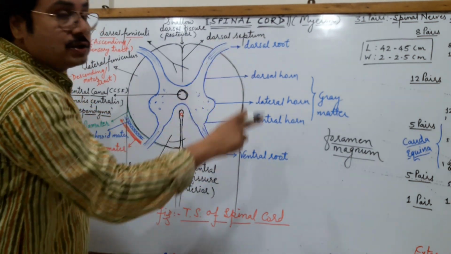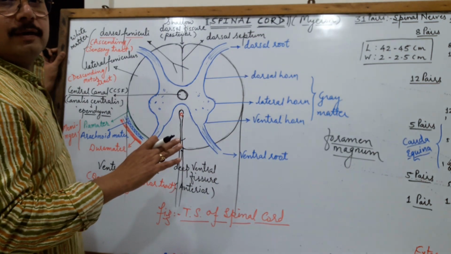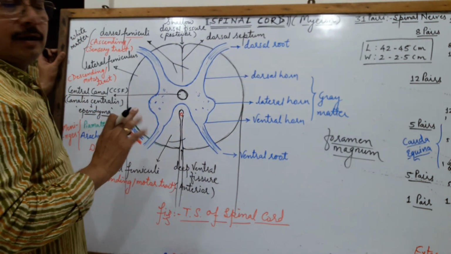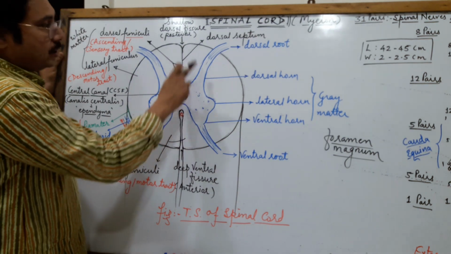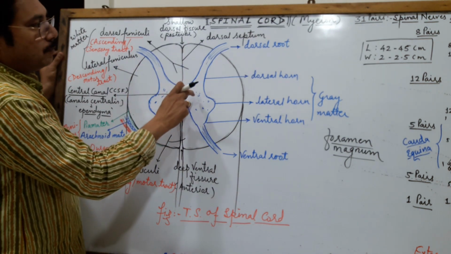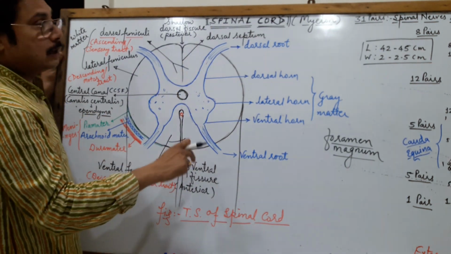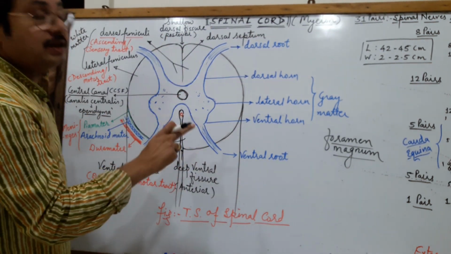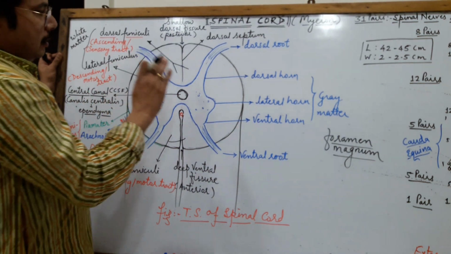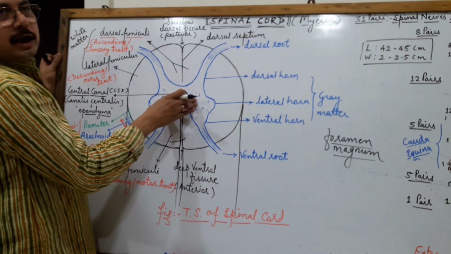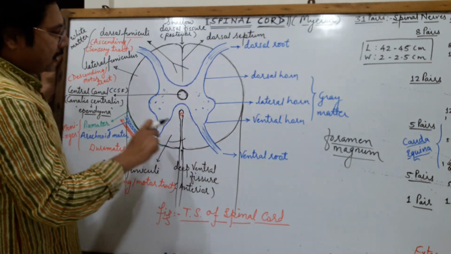And by the meeting of these roots there is the formation of a spinal nerve. We will see in the next video how such a spinal nerve is formed. So such projections of the gray matter, the dorsal and ventral projections, come out of the spinal cord as the respective roots of the spinal nerve. Now such a roughly H shaped central gray matter gets surrounded by white matter.